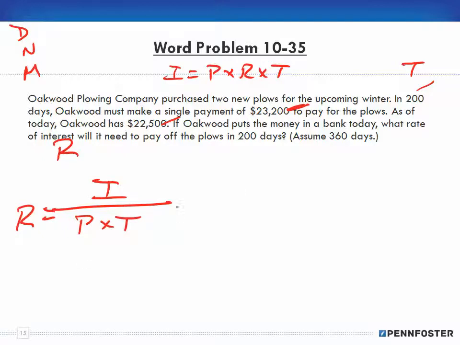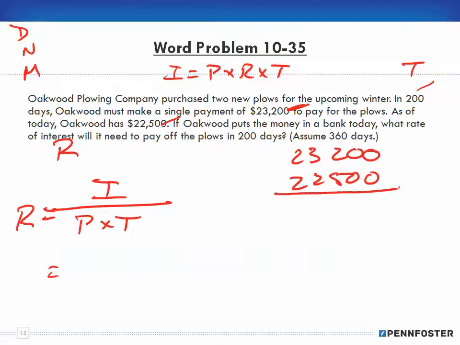Now, if we know this is the formula, let's figure out what we have to do to find the values for these variables. Well, what's my interest? This is where solving word problems, the manipulating of the data, comes into play. If I have $22,500, and I need 23,200, that's $700 that I'm going to need. Then I'm going to have to get that as interest in order to get to the 23,200 to pay off the loan.